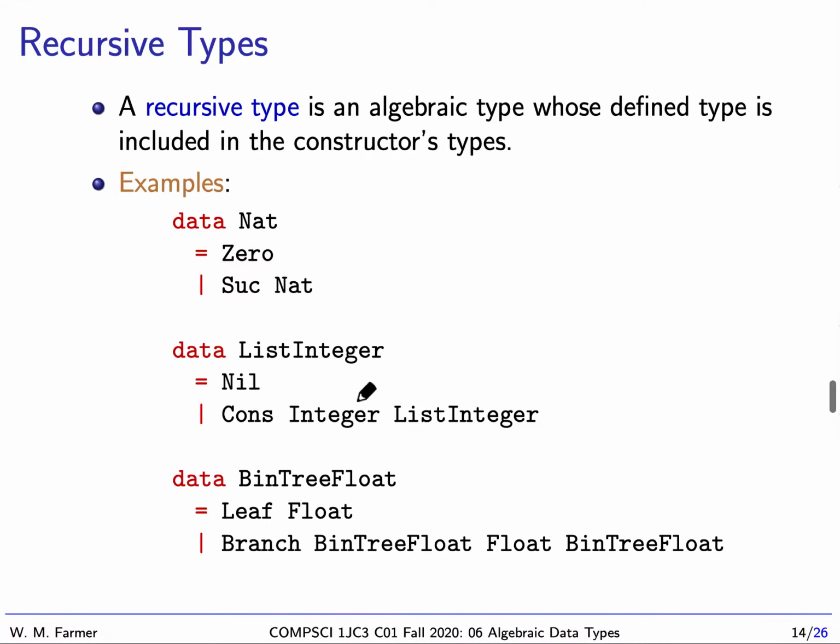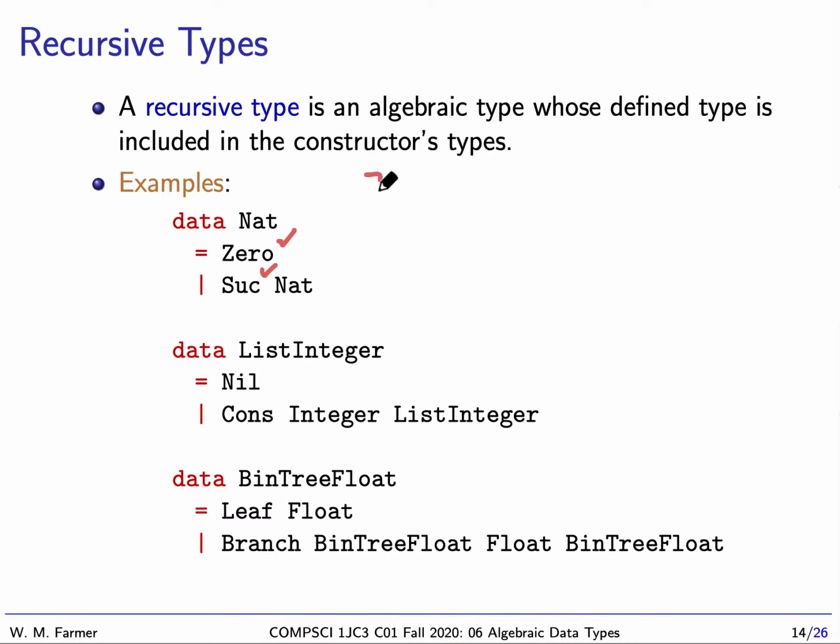And here are some examples. The first one is nat. This is a recursive type to define values that represent the natural numbers. And if we think about this a moment, we have 2 constructors, 0 and suc. 0 doesn't take any argument, suc takes 1 argument, which is a nat.